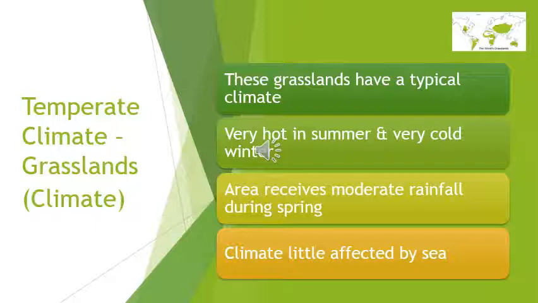The area receives moderate rainfall mostly during spring, and these regions, being situated away from the sea in the interior of the continents, the climate is little affected by the sea. As a result, it is suitable for the growth of grasses.